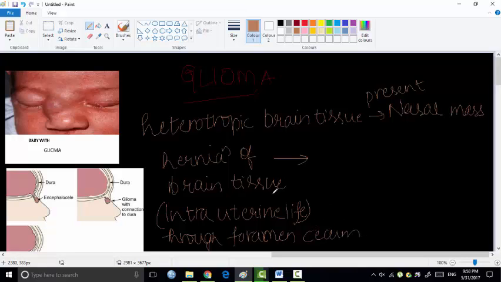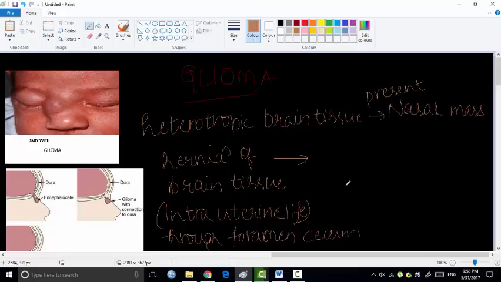There is herniation of brain tissue, just the same as encephalocele, but here it occurs in intrauterine life. And once this herniation has occurred, the child progresses from early intrauterine life to late intrauterine life.